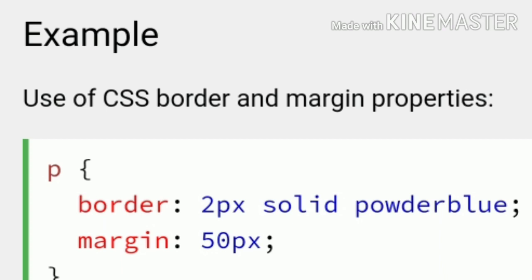Now open the body tag, then open the h1 tag: this is a heading, closing with backslash h1. After that open the paragraph p: this is a paragraph, closing with backslash p.